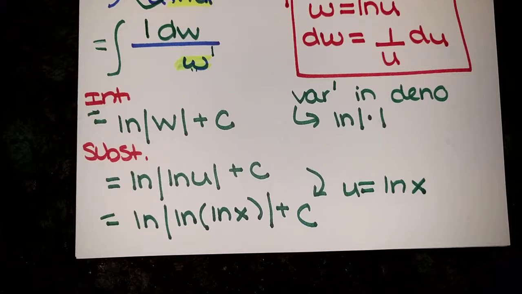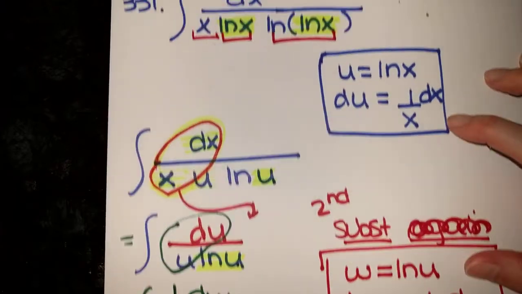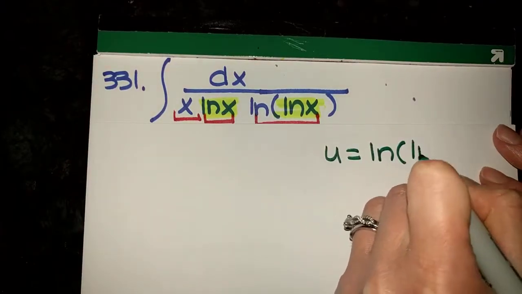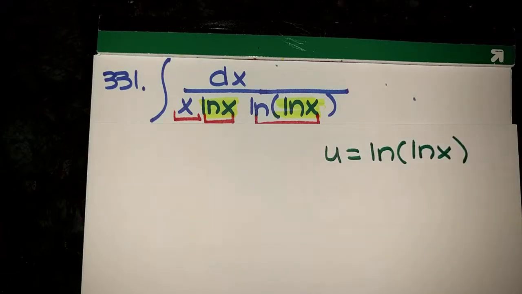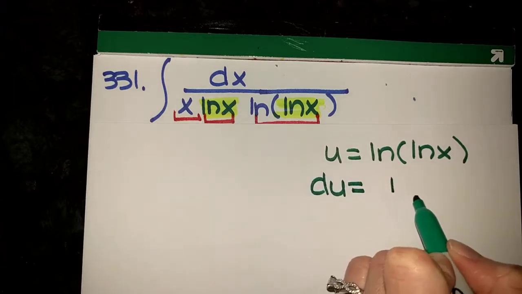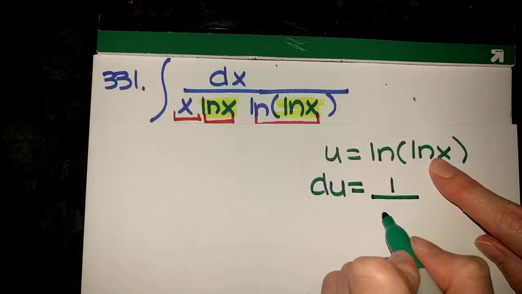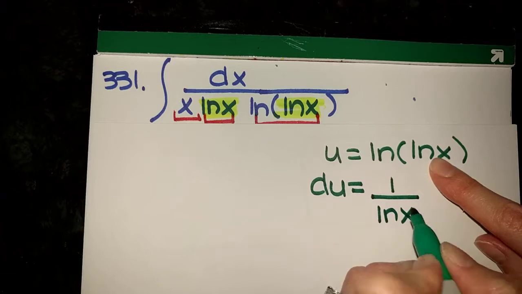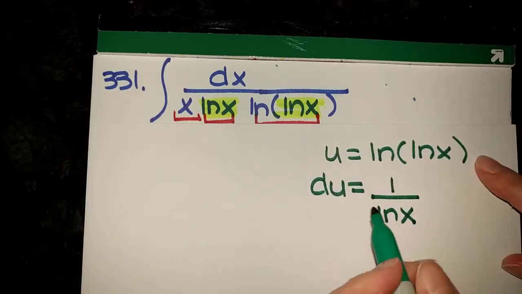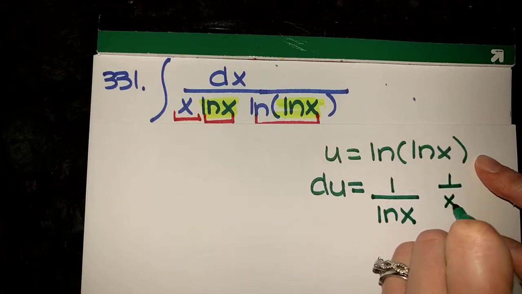I do want to mention just one thing in case you were thinking about this. You could go through this problem and pick u equal to natural log x, so the most complicated thing. If you did that, then your du would be 1 over the argument to start, so that would just be natural log x, and then the derivative of the argument, natural log x, would be 1 over x.